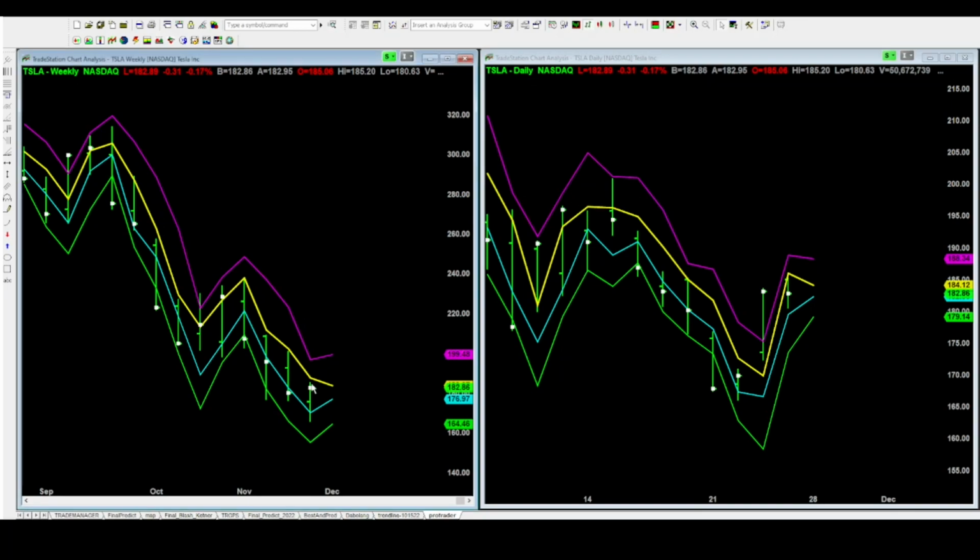So even a $2 or $3 difference between the predicted high or low price and the actual high or low price is still a relatively small uncertainty compared to the actual stock price of about $182.